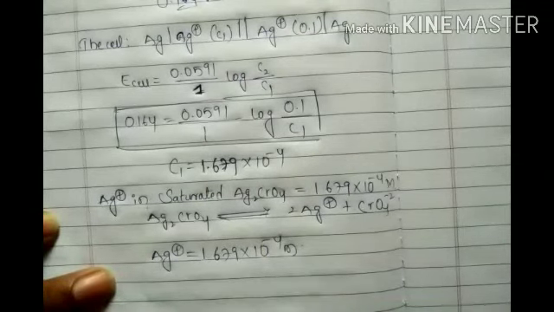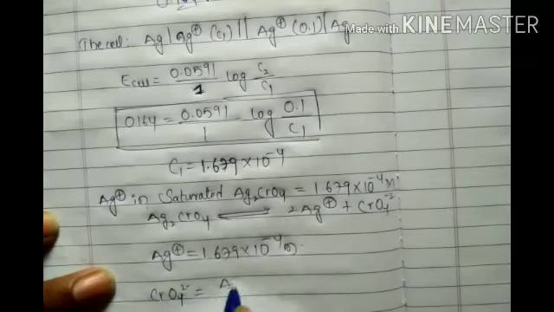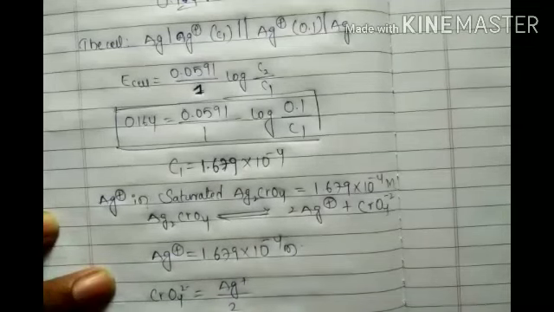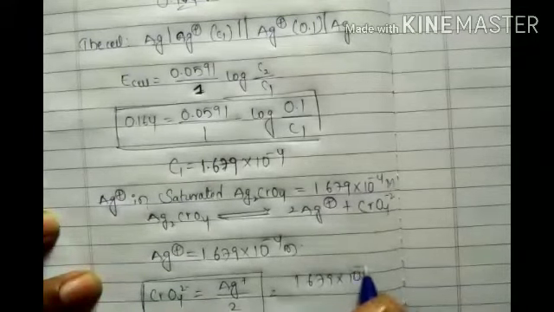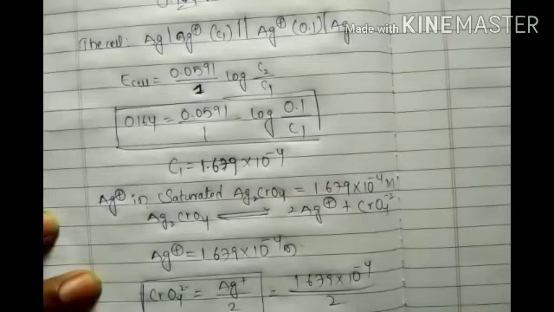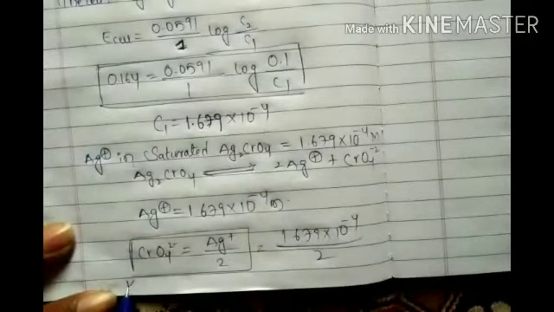But CrO4 2 minus value is Ag plus by 2, so 1.679 into 10 to the power of minus 4 by 2. So what is the Ksp formula?